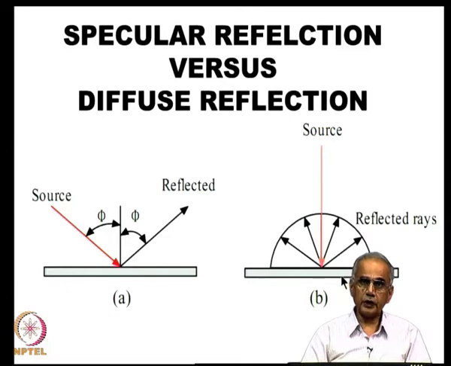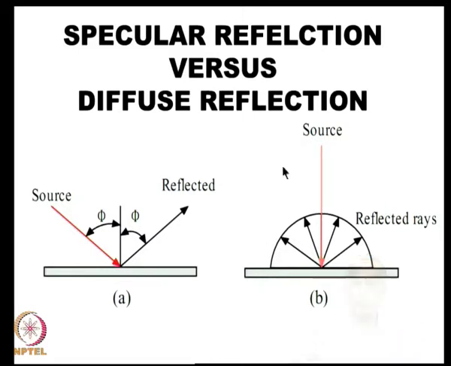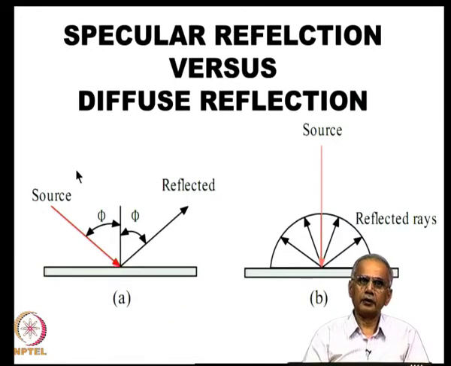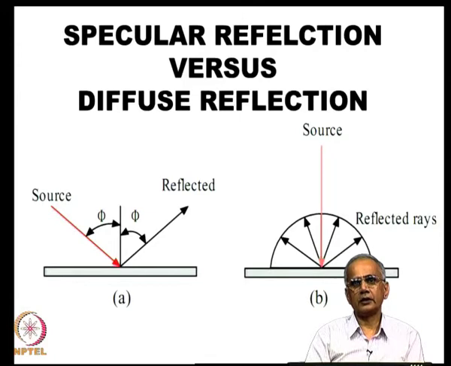Now, the analysis we have done so far of enclosures is for surfaces of this kind, diffuse isotropic reflection and emission. But there are occasions where you encounter surfaces which are reflecting like a mirror, called specular reflectors, and the question is how do we change our analysis to situations where the surfaces reflect like a mirror, that is specular reflection.